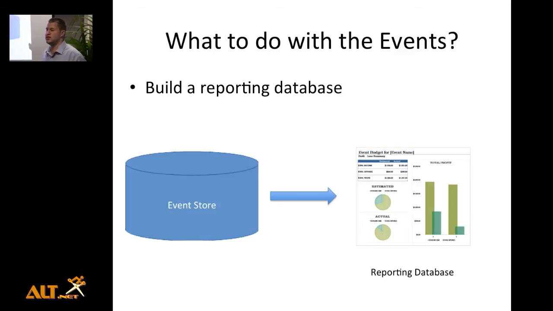Because what you're able to do is, with your event store as the source of all your data, build up, in parallel, a separate reporting database to meet the needs of the reporting. I presume that most of you have dealt with systems where you have an online transactional processing database and a separate reporting database. But what you find is that your transactional model has to have all of the data that's needed for reporting in it.